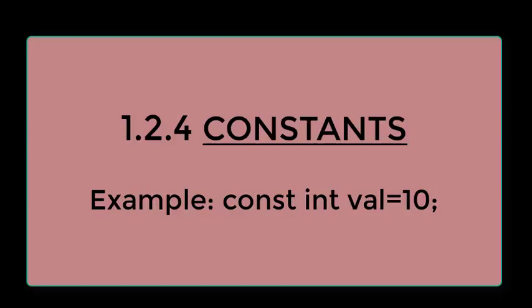The keyword const can be added to the declaration of an object to make that object a constant rather than a variable. Thus, the value of the named constant cannot be altered during the program run. As in the example shown, const is the keyword that must be used for declaring a constant.